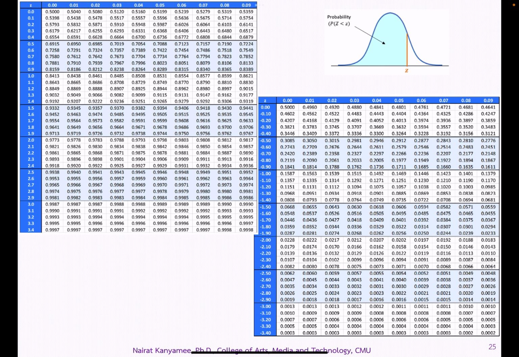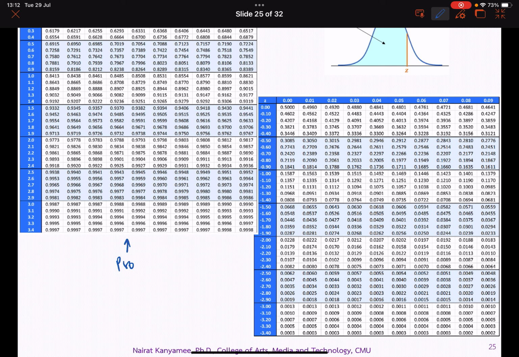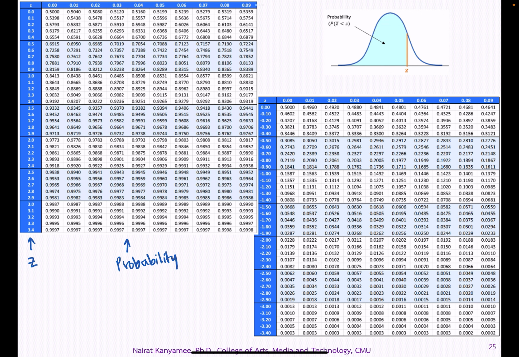Remember, the values inside the table are probabilities, and outside are z values. So we're looking for 0.8770. Is it in the table? Let's put it right here, 0.8770. So go look in the table.